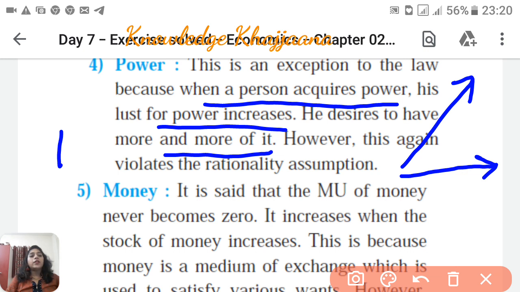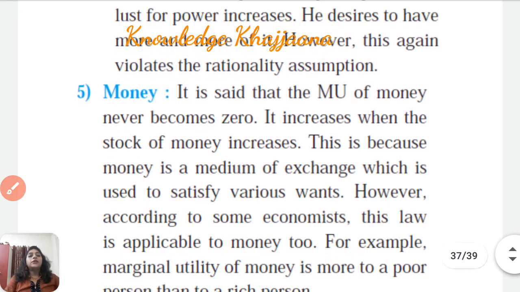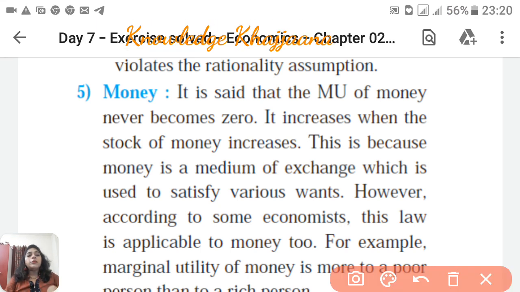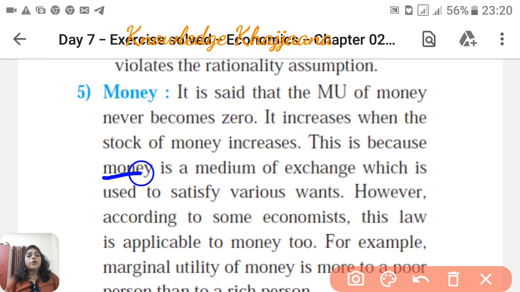Next, money. It is said that marginal utility of money never becomes zero. It increases as the stock of money increases. This is because money is a medium of exchange. Money is the most powerful thing because it is the medium of exchange, which is used to satisfy various wants. However, according to some economists, this law is applicable to money too.